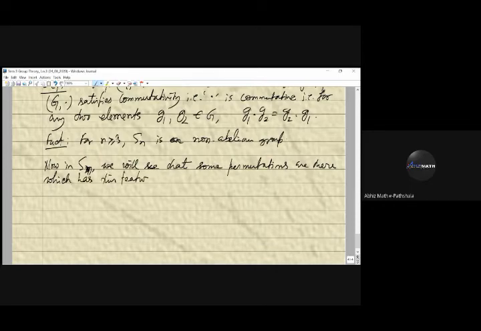For example, in S3 we see that phi, what is phi? Phi was this one. So this permutation will be named as a cycle.